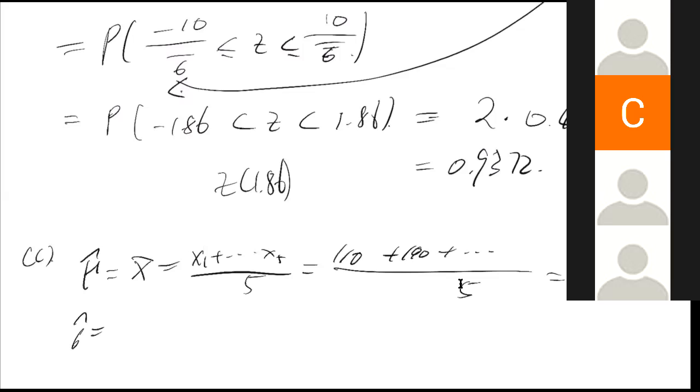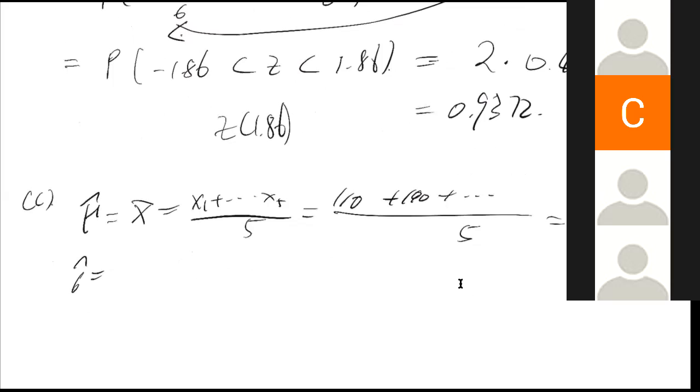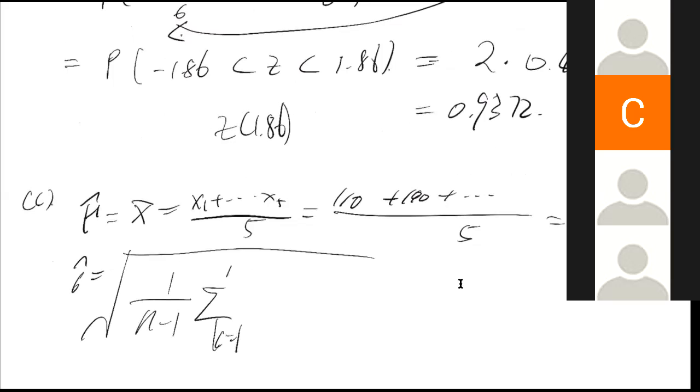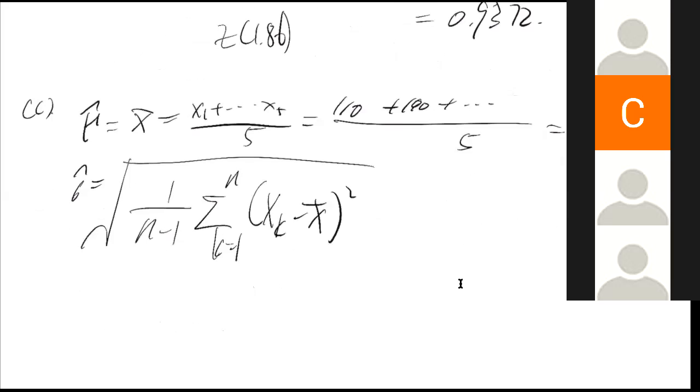And the standard deviation estimator is defined to be the square root of 1 over n minus 1 times the summation from k equals 1 to n of x_k minus x bar, squared. In this question, n is equal to 5, so we plug in 5.